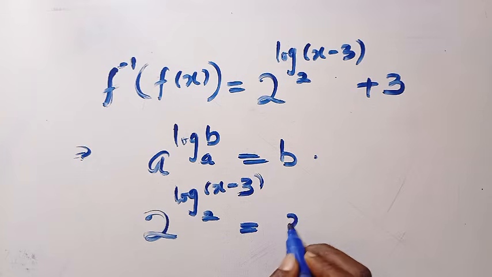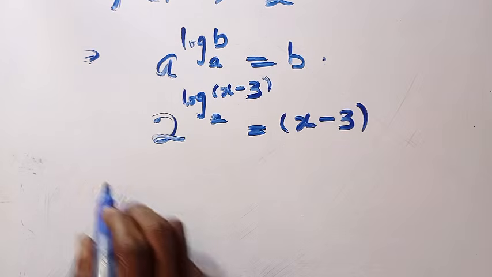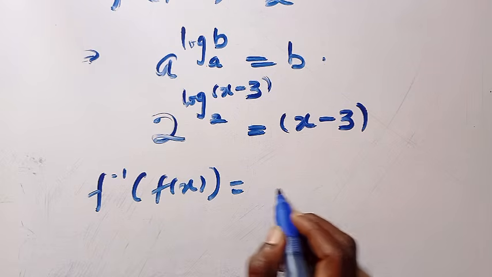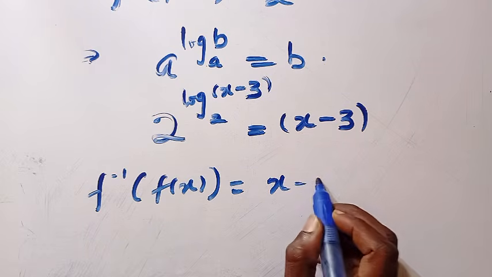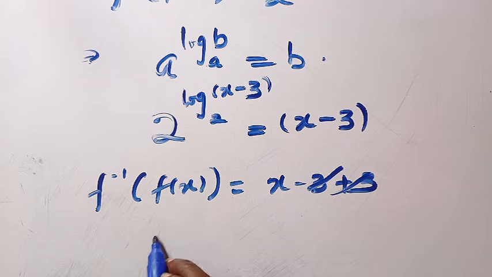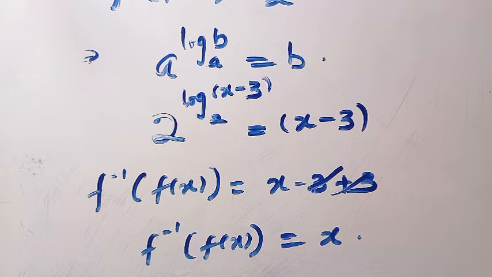So the answer is x minus 3. And let's substitute. We have f inverse of f of x equals x minus 3 plus 3, so this gives us x. Therefore, f inverse of f of x equals x. Comparing the first one and the second one, we have the same solutions, which proves the answer correct.